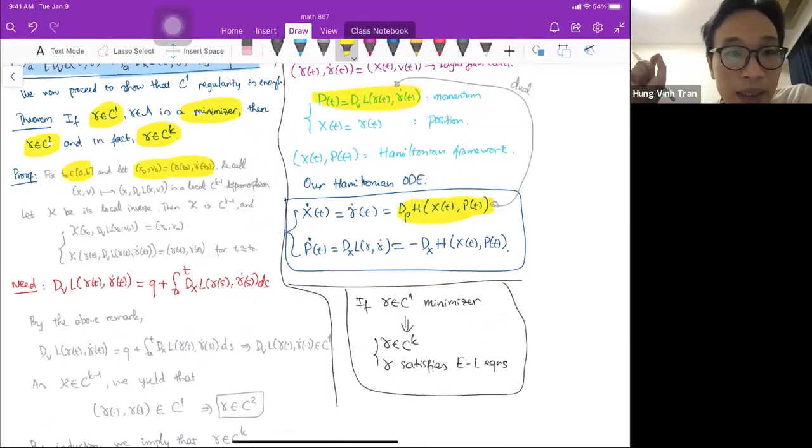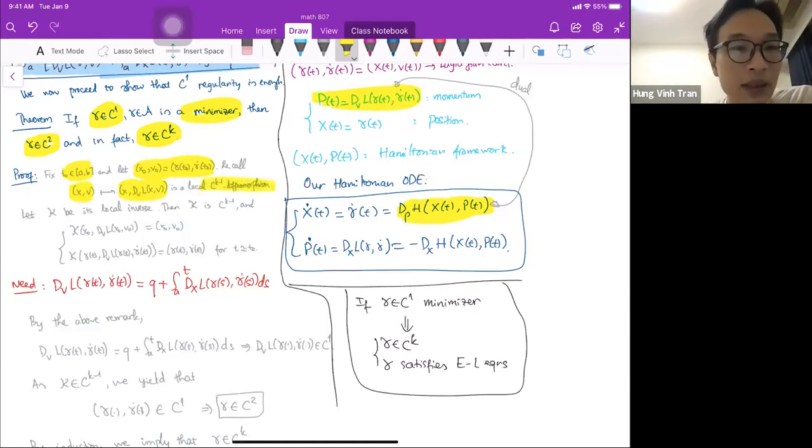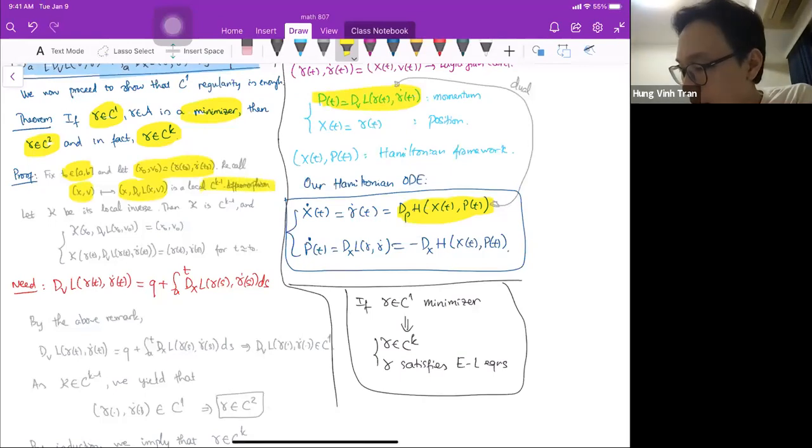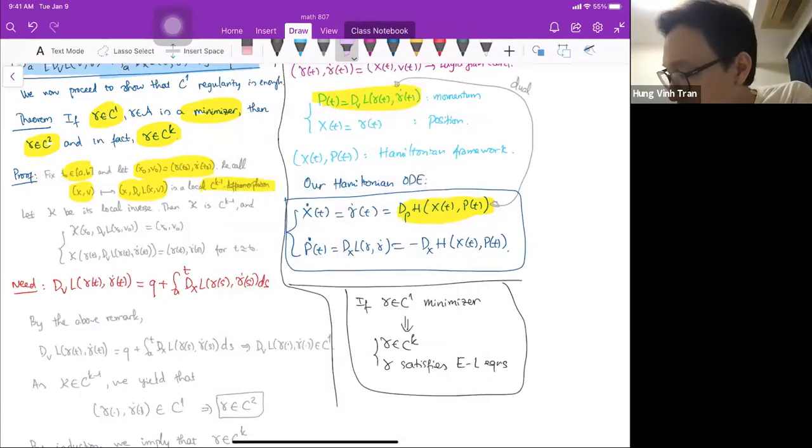And I recall that the map (x, v) that maps to (x, d_v L) is a local C1 diffeomorphism, right? So if it's a local C1 diffeomorphism, then you can always find its local inverse. So what you have is that k is C^(k-1), and k is the inverse map.